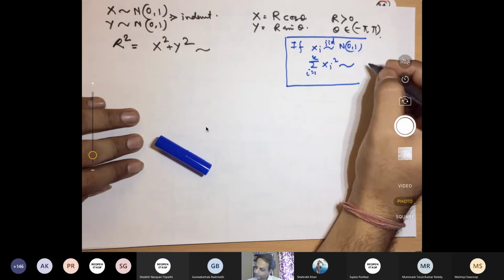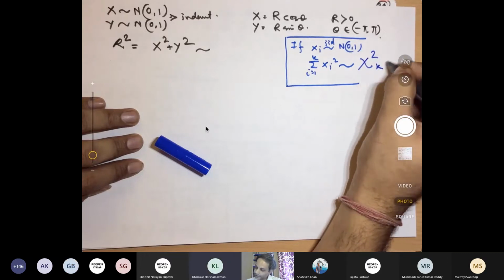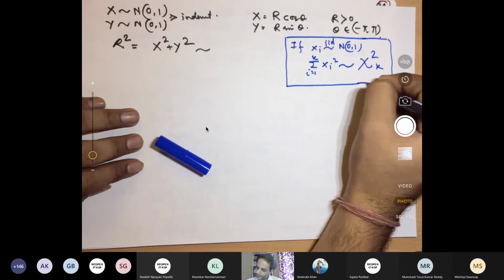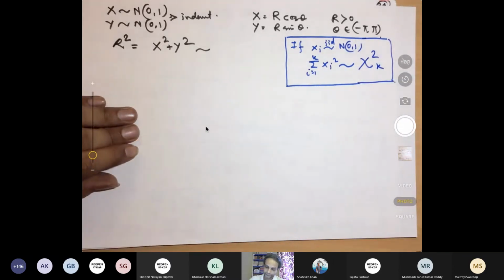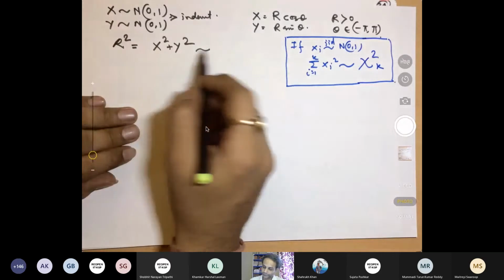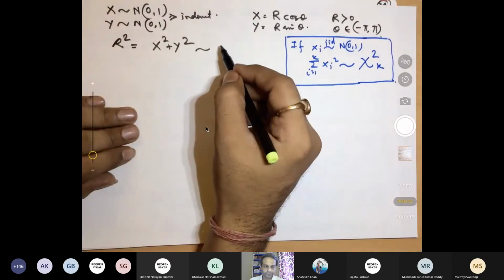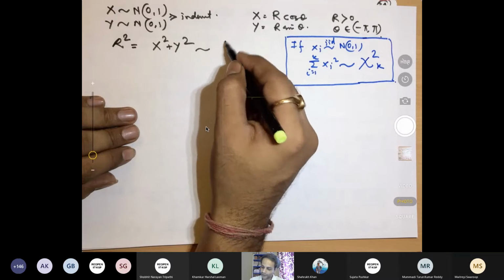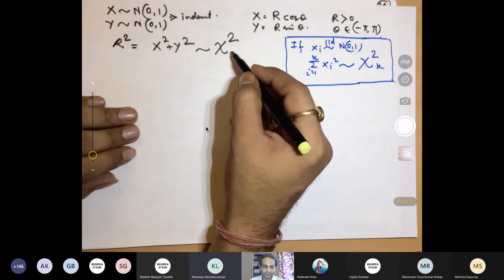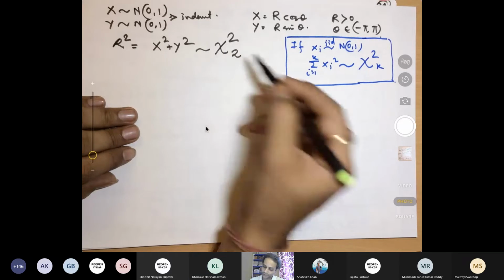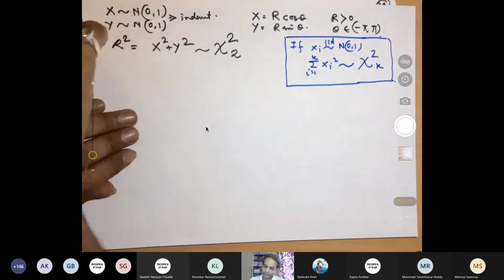Chi-square distribution with k degrees of freedom, right? So what will this follow? Chi-square distribution with how many degrees of freedom? 2. Okay.